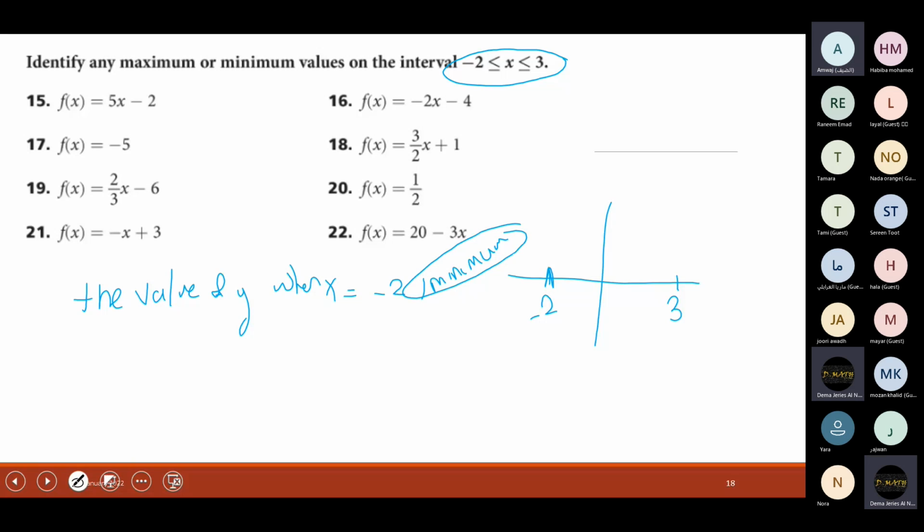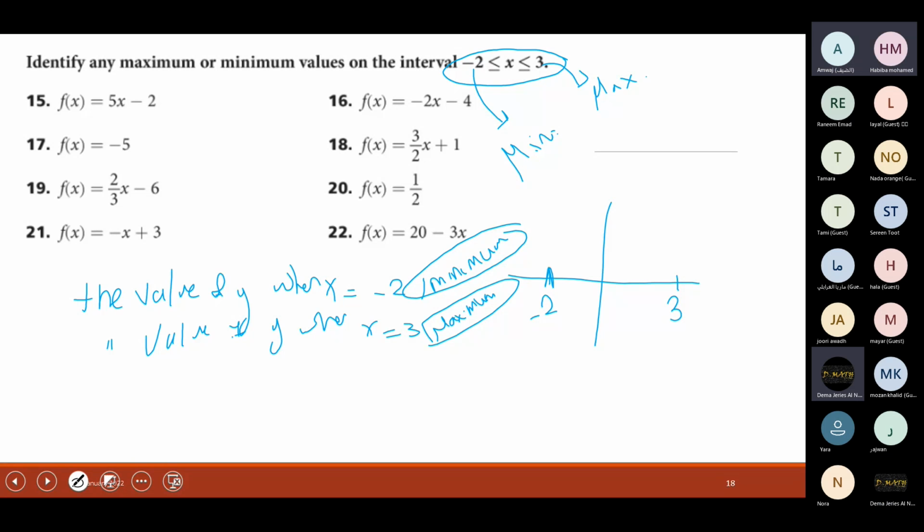And the value of y when x equals 3 is the maximum. So if I substitute x with -2, I will get the minimum, and if I substitute x with 3, I will get the maximum.